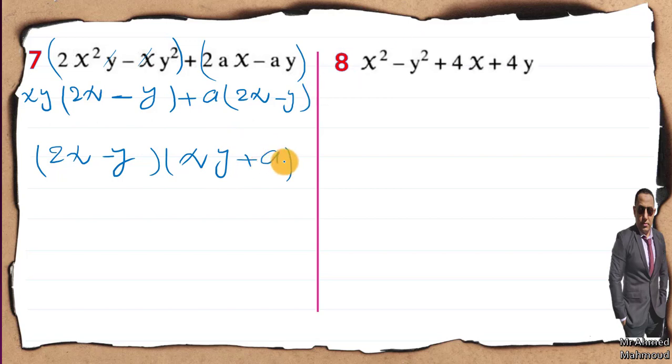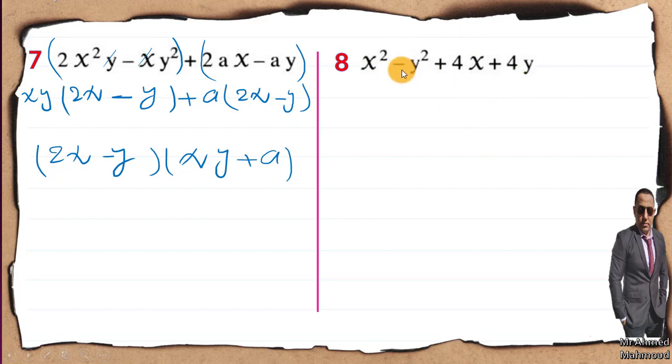Another example. By looking carefully, x power of 2 minus y power of 2, they don't have a common factor. Okay, but stop. I don't need to rearrange. Why? Because if I take x and x together and y together, there will not be a common factor.